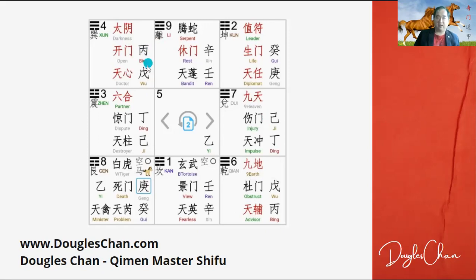That means you have to understand the meaning of each of these stems. From there, once you get hold of the divination chart or the reading, you'll have a better understanding of what it represents as a whole.